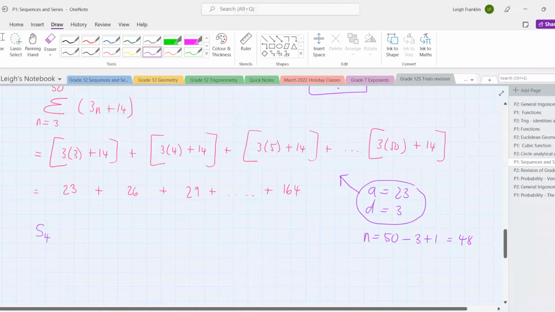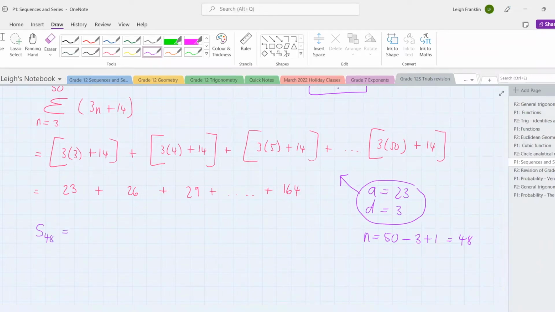Yes, lovely. Then we'll take the number of terms and we'll sub it into the Sn formula. Okay, so we're going to say the sum to 48 is, and then we've got to make sure that we use the arithmetic sum formula and not the geometric sum formula. So the arithmetic sum formula is n over 2. Let me just write it for you quickly over here. So it's n over 2, 2a plus (n minus 1)d.